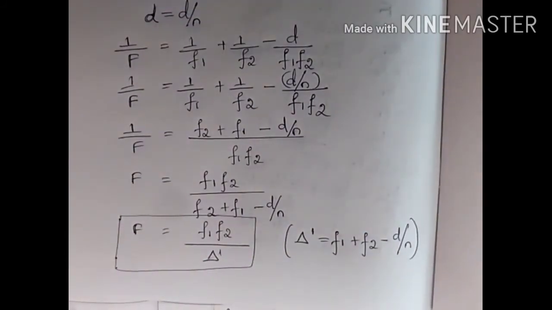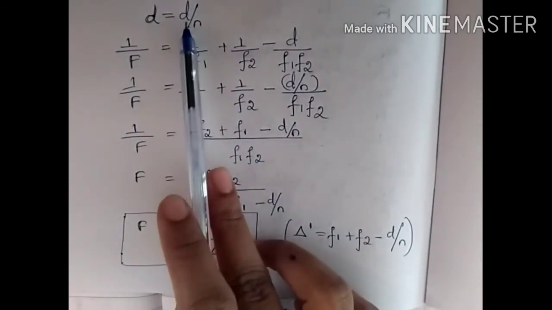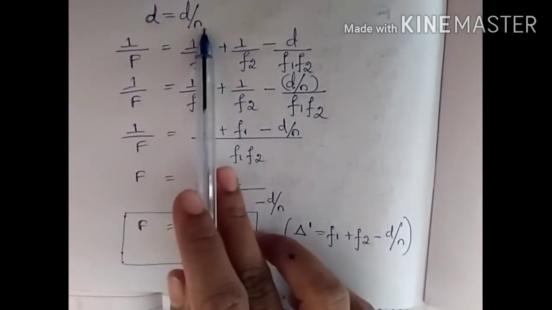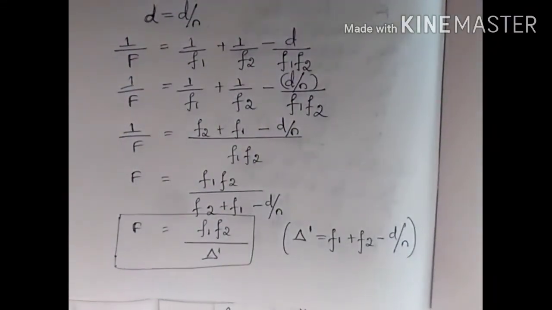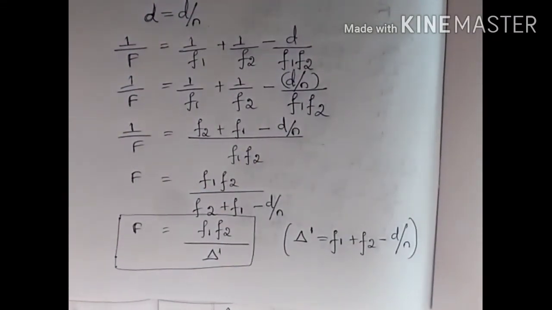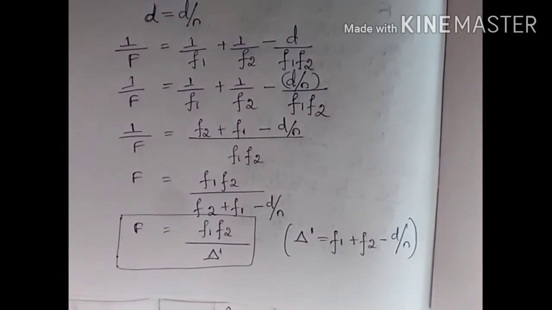So what we have done in this case is we just replaced d by d by n, and we have substituted this in the equation that we got after deriving the equivalent focal length for the two lenses separated by a finite distance.